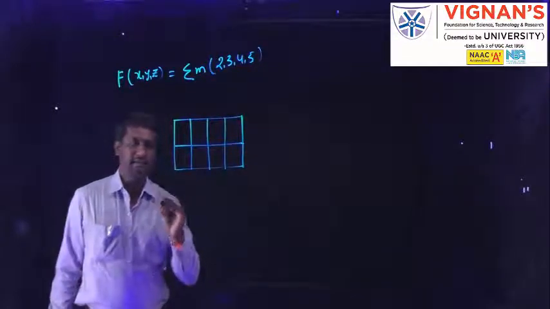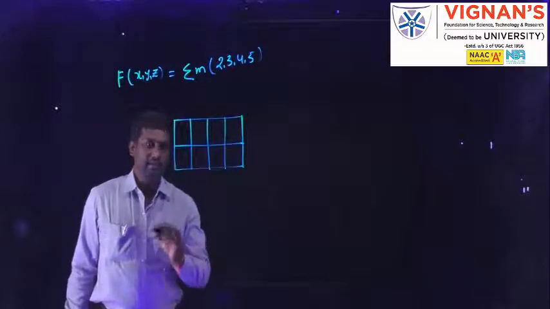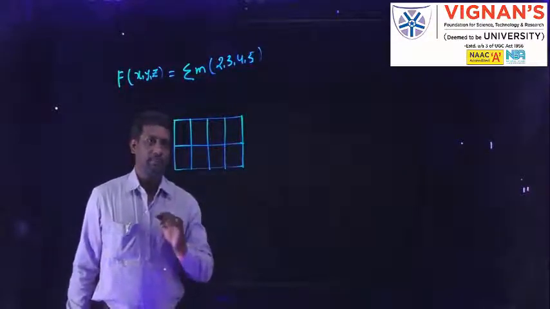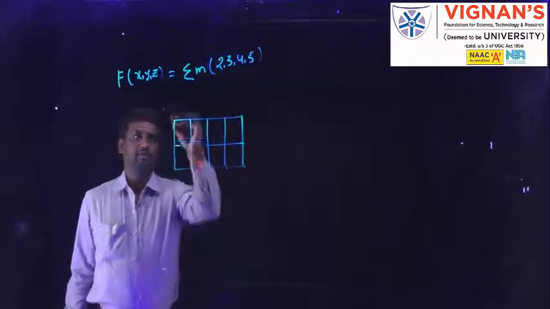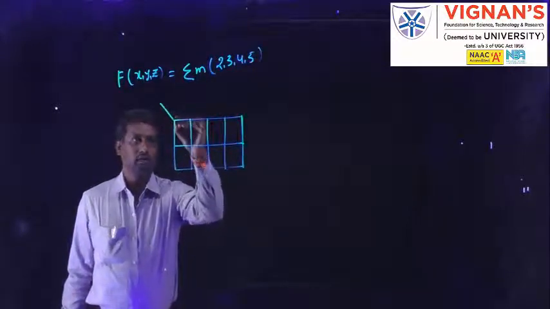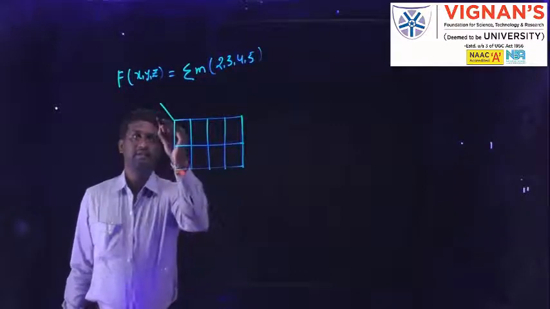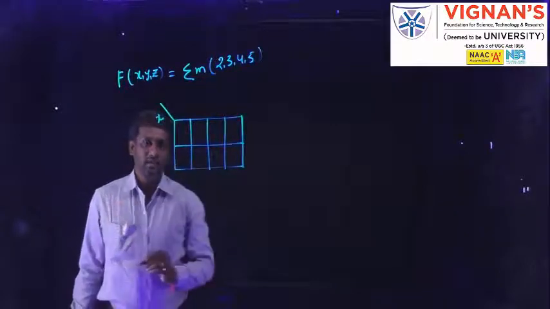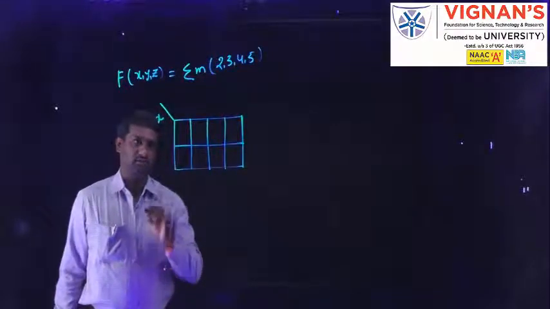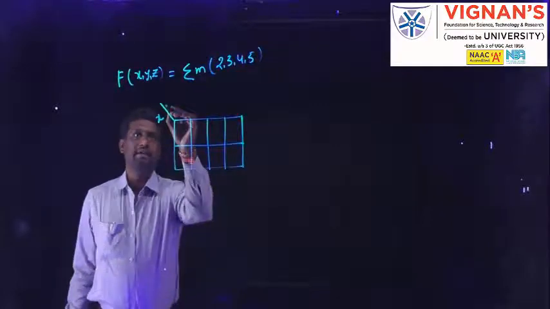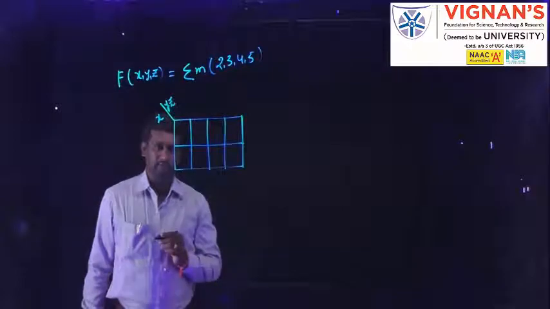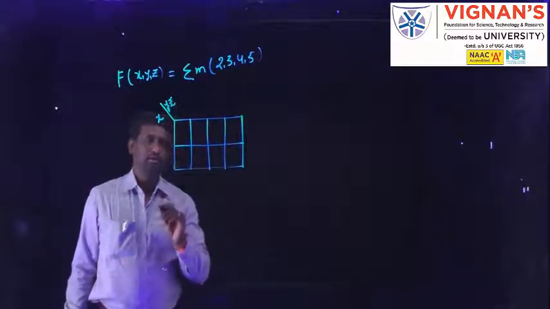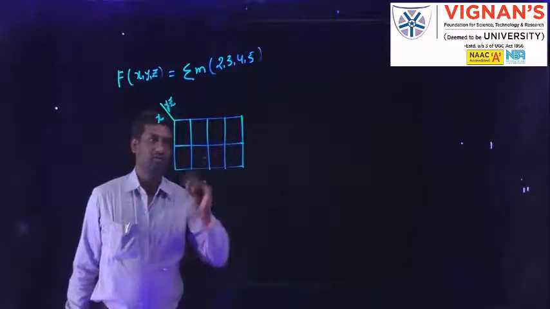For representation of columns, I am using one variable. For representation of rows, I am using the other 2 variables. So here x is the variable used for representation of the column, and y, z are the variables used for representation of the rows.